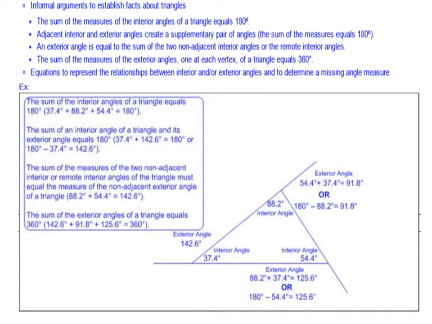These two angles are not adjacent to the exterior angle; these are adjacent. These are interior angles. So if we add these, they must equal the measure of the non-adjacent exterior angle. So we add these two angles, and they must equal this angle.